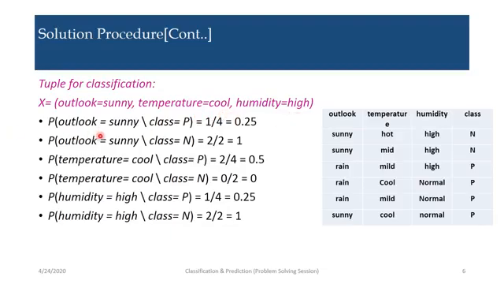First we have to calculate for the tuples where the outlook value is equal to sunny, and how many P and N there are in sunny.